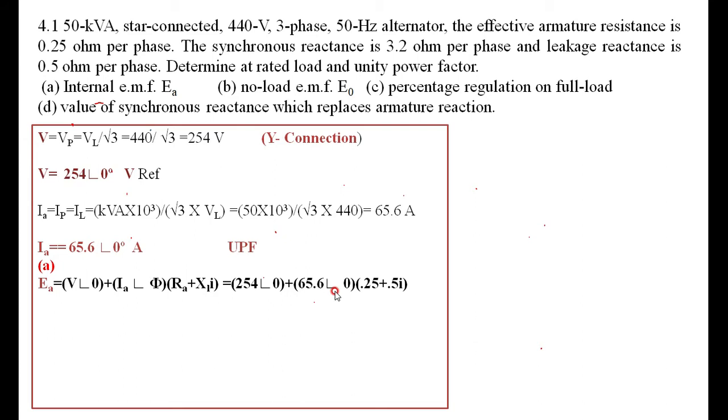Similarly, I is 65.6 at an angle of 0 degree, the resistance is 0.25 and the leakage reactance is 0.5. Using a calculator, what we get is 272 volts. I am not interested in the angle, only the magnitude, that is the internal voltage excluding armature reaction, called the internal EMF, which is 272.